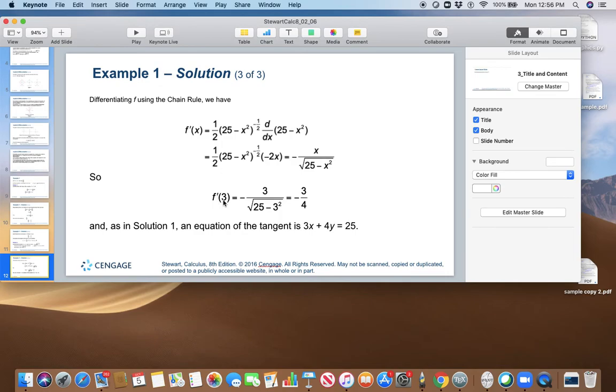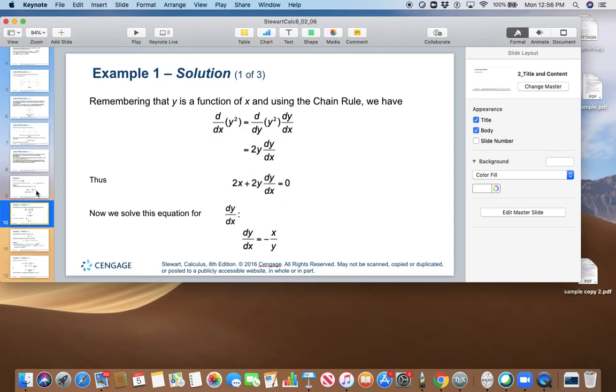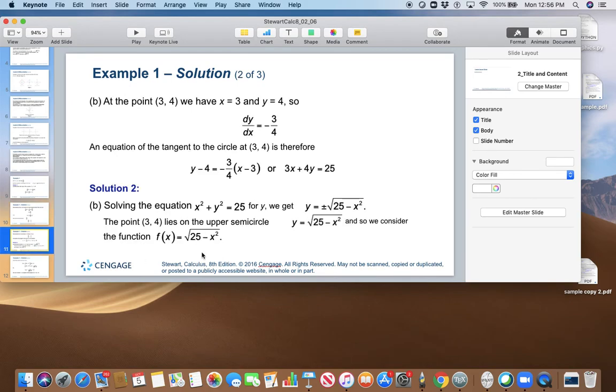And then substitute 3, you get the slope, and then you get the equation of the tangent line. So either way could be done. But implicit differentiation is by far easier. In most cases though, I must say, you cannot necessarily solve for y. In this case, you could, but not always.